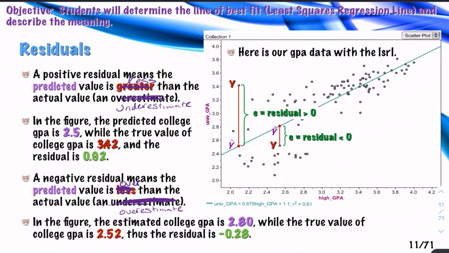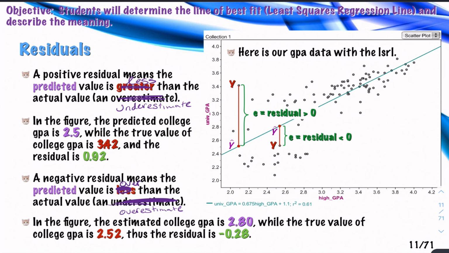Now let's get a little more into depth. If you're following along with the notes in front of you, I do have a correction. A positive residual means the predicted value, the one in our model, is less than the actual value.